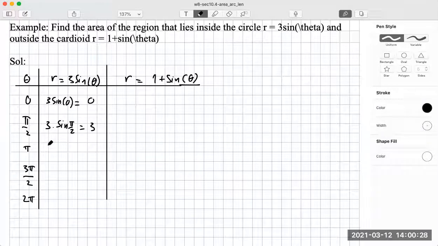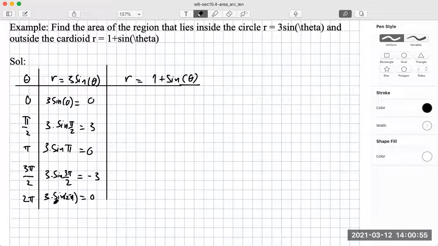How about at pi? And continue at 3 pi over 2. Sine of that will be negative 1, negative 1 times 3 gives us negative 3. So at 2 pi, very good.